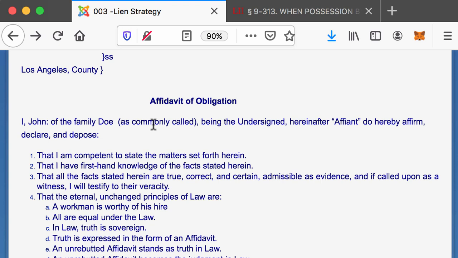But also, if this did end up in some type of court, it's not about whether the state adheres to the four corner rule, because you're trying to be within the jurisdiction of the admiralty, which is outside of the jurisdiction of the state. It's the place where the United States waives their sovereign immunity.